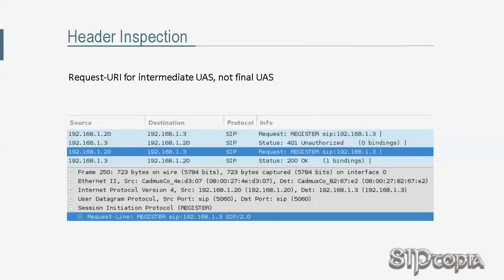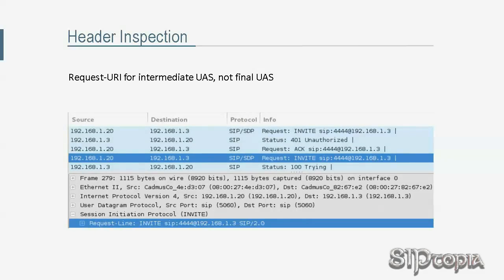Unlike the To header field, the request URI in the request line is intended to target the next hop in the call path. Again, as you may recall from RFC 3261 Simplified Series Part 3, in the absence of Route header fields, the request line is the section that helps us determine where a request is going to be sent next.